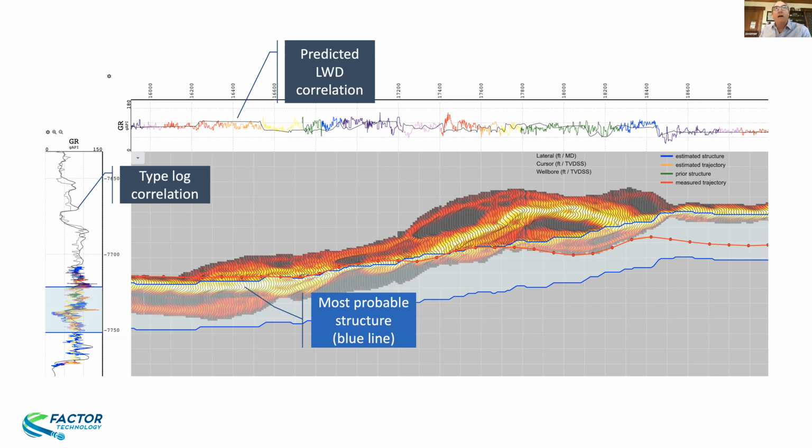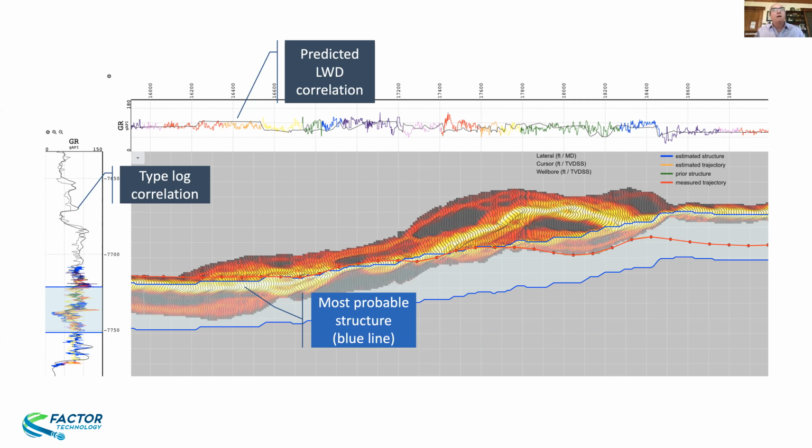Up to this point, everything I've described is pretty much a standard geosteering application view, with the difference that the computer interpreted that blue zone instead of a person.